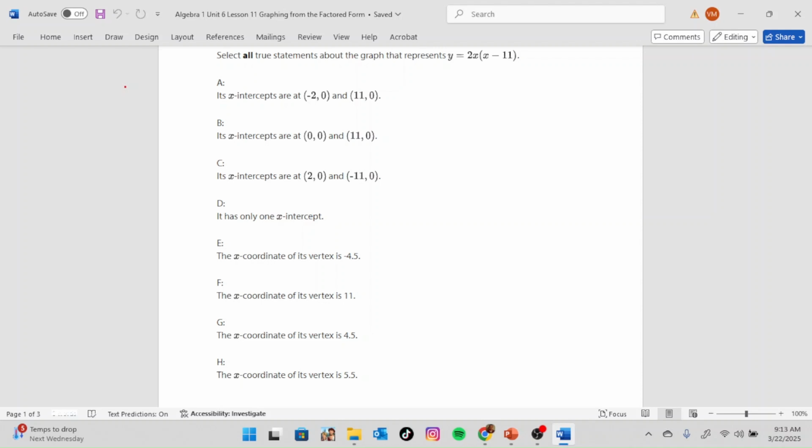Select all true statements about the graph that represents y equals 2x times the quantity x minus 11.